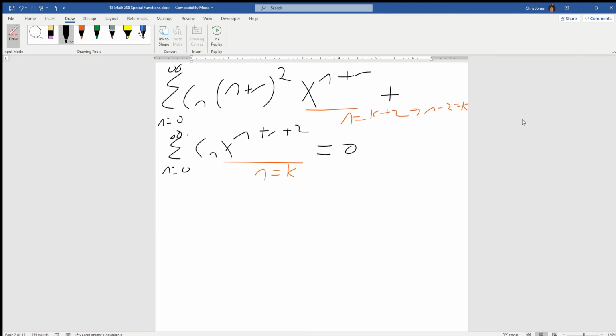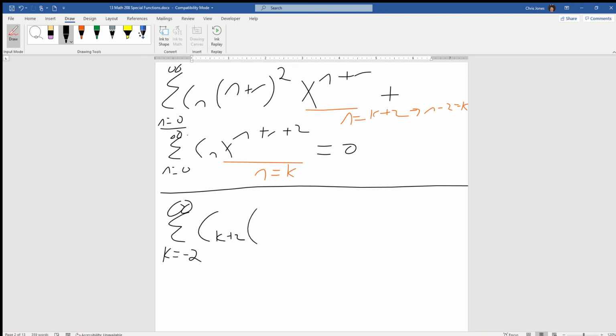So now we're going to rewrite the series. The first series is now going to become series k equals negative 2, because we have to subtract 2 from the lower bound. Infinity minus 2 is still infinity. c sub k plus 2, (k plus r plus 2) squared, x to the k plus r plus 2.